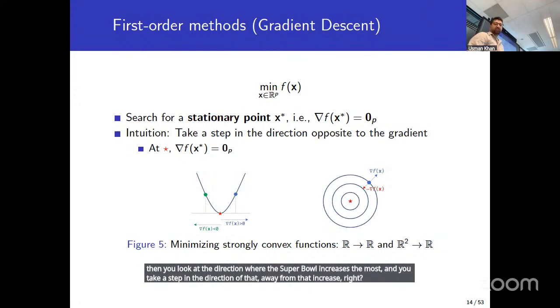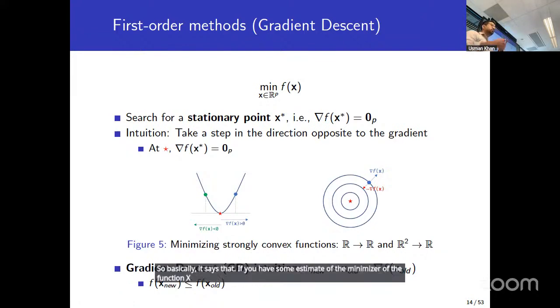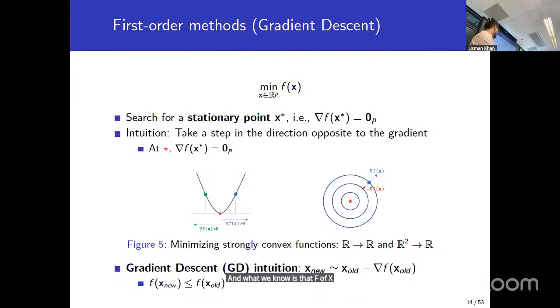So if you have some estimate of the minimizer of the function, x old, and you move in the negative direction of the gradient at that point, then you will get a new x new. And what we know is that f of x new is less than or equal to f of x old. This inequality is not strict, and it's strict only if the function was strongly convex.